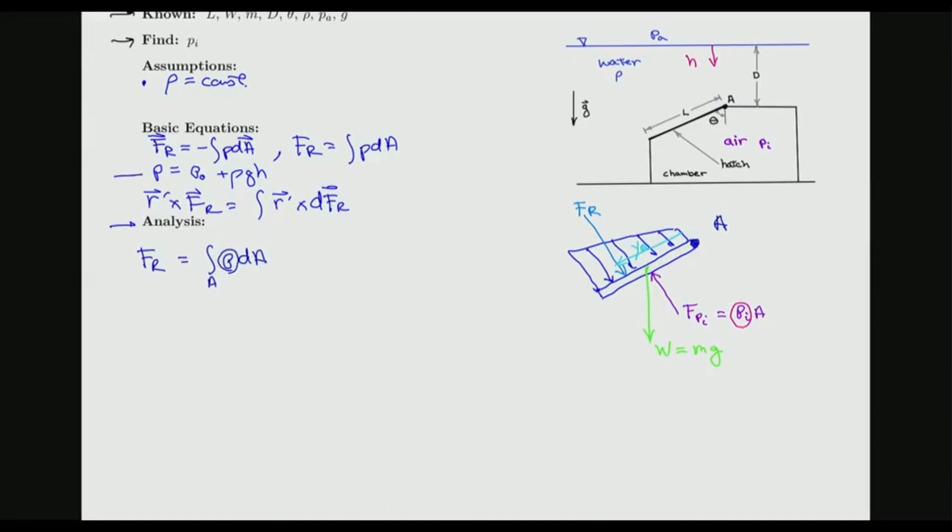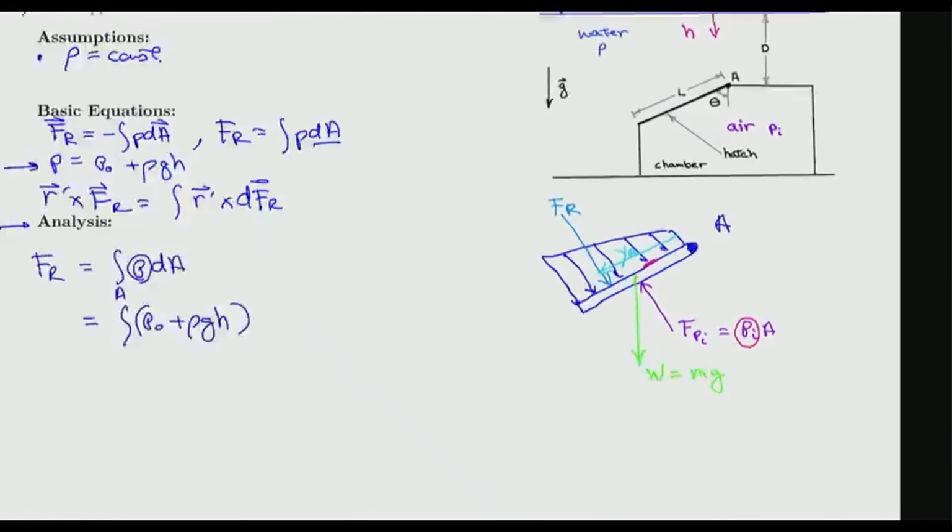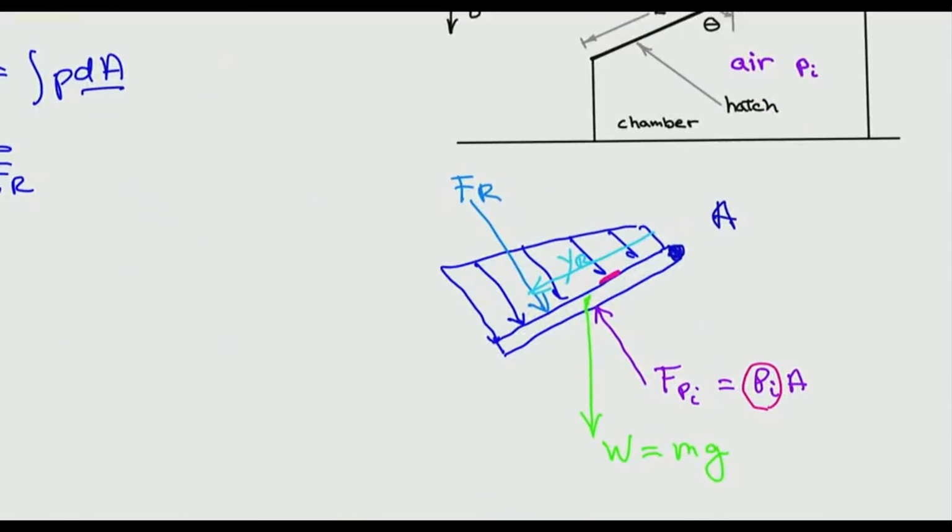So we have the expression for pressure, and we can just substitute that in. So P naught plus rho g h, dA. Remember, here's the dA. So this is the dA.